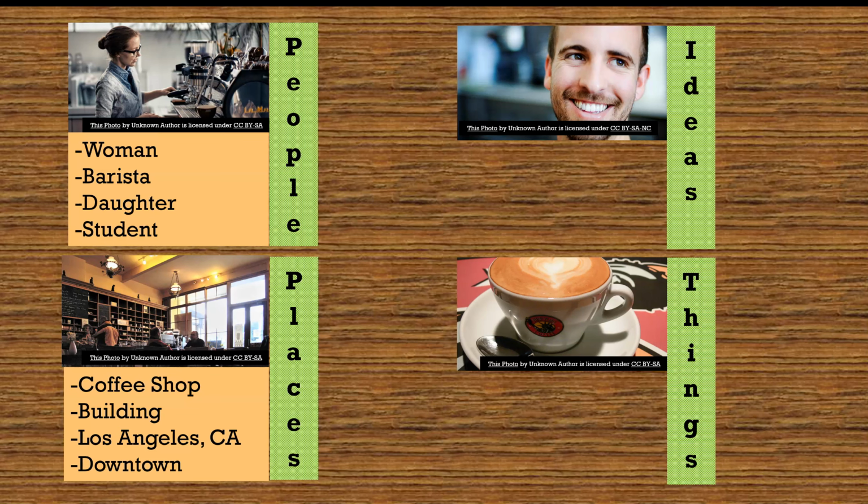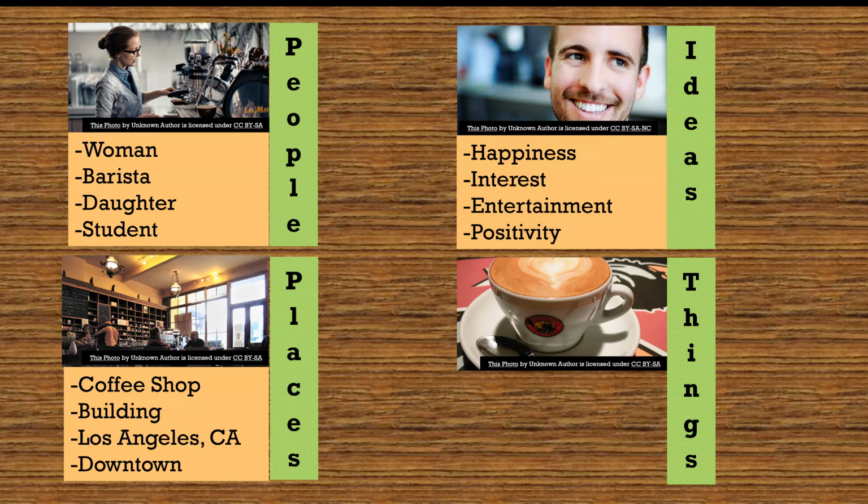Okay, next one is ideas. For ideas, we can think about happiness, interest, entertainment, positivity. Those are all ideas. Be careful with the words happy and happiness. Happy is an adjective.